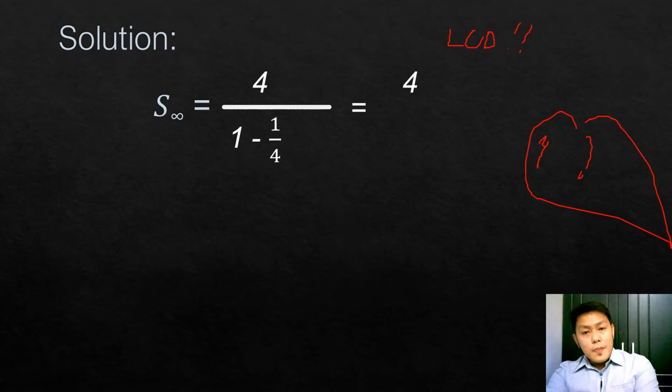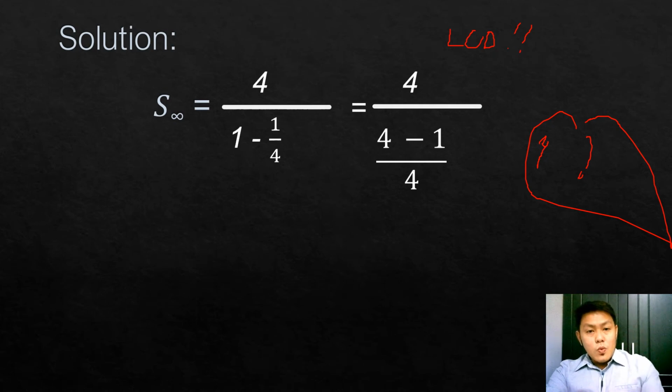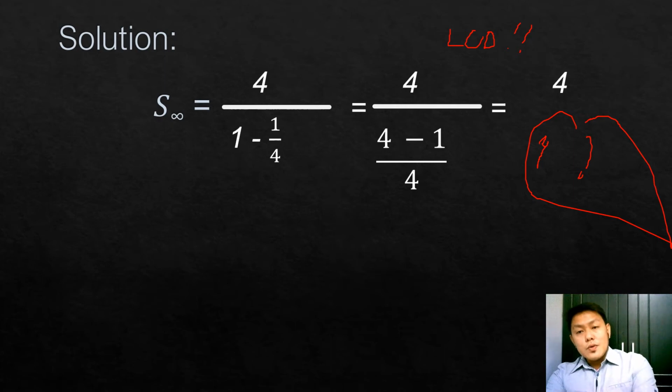We rewrite 4, then divided by 1 minus 1/4. So we get the common denominator of 1 over 1 and 1/4, and the common denominator is 4. Now 4 times 1 is equal to 4, then minus 1 over 4, and we rewrite 4 divided by 4 minus 1 is 3, so 3 over 4.